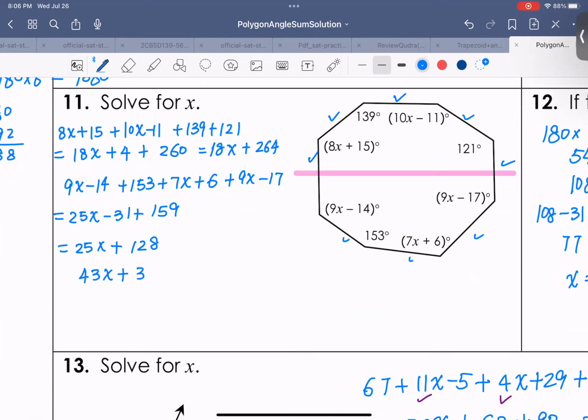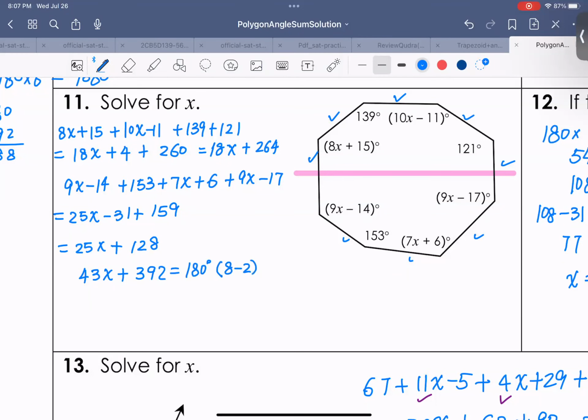Good job. Equals 180 times, look, 1, 2, 3, 4, 5, 6, 7, 8, right? 8 minus 2.